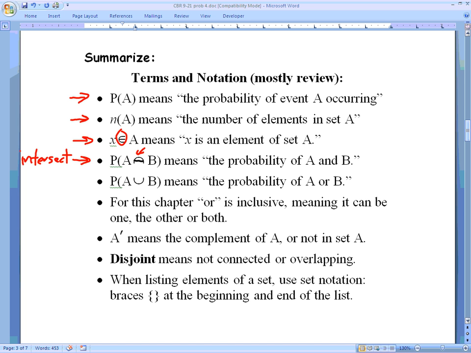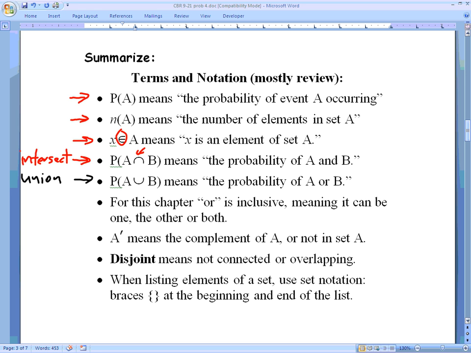So the probability of A and B. And then we have what looks like a regular capital U, but it's sort of rounded. We've got the probability of A or B, and notice that one does not turn into a capital A, so that one means or. The technical name of that symbol is the union. So you've got intersect and you've got union. One means and, one means or.